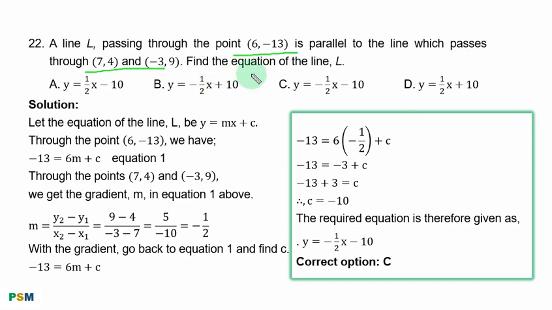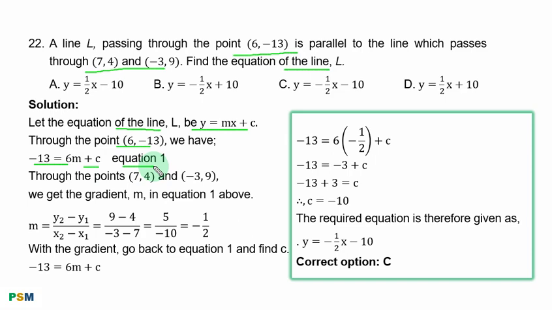Find the equation of the line L. Solution: let the equation of the line L be y equal to mx plus c. Through this point, we have minus 13 equal to 6m plus c. Let's call that equation 1.